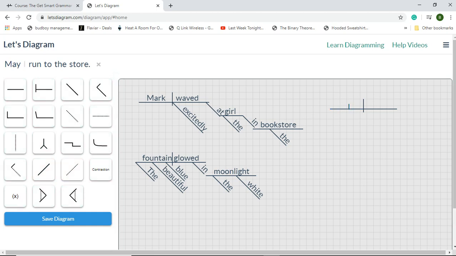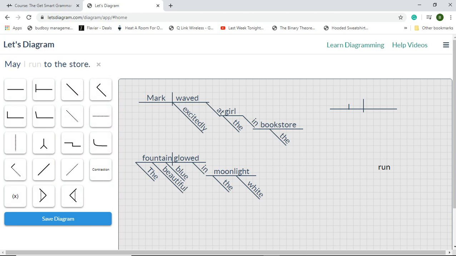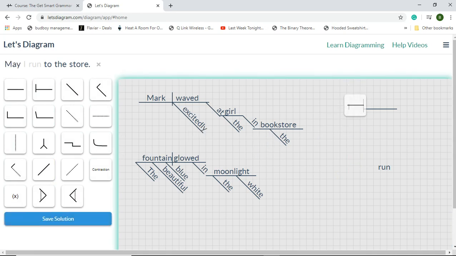Okay. Run is a verb. It's the main verb. And may is one of our helping verbs. So may run is our verb phrase.